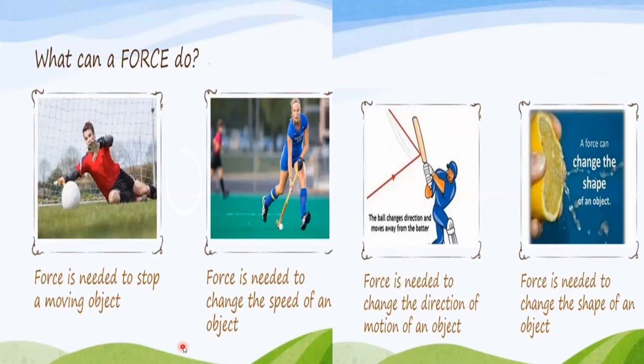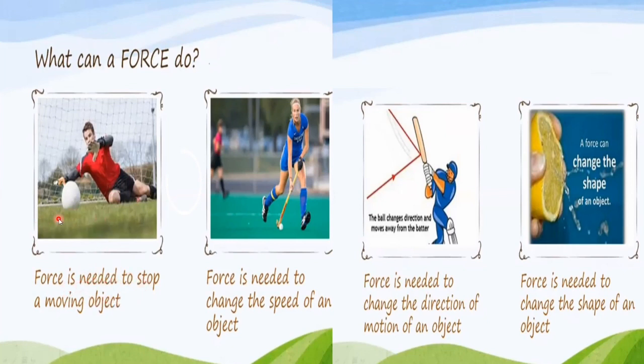Now let us understand through some events about the possible outcomes of force. In the first picture, we can observe a goalkeeper trying to stop the ball. Isn't it, children? If he does not stop that ball, then the ball keeps on moving unless an external force is applied. That means the force is needed to stop a moving object.